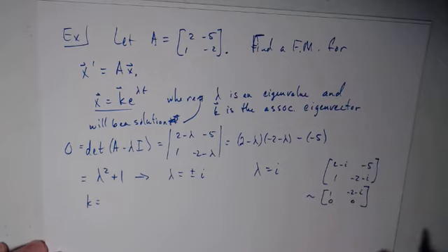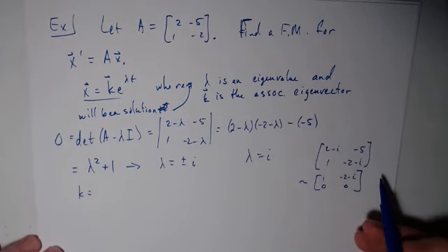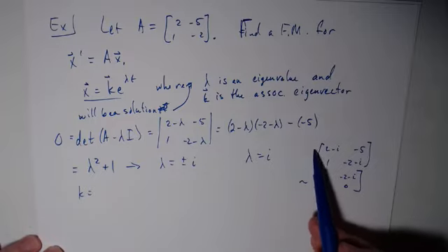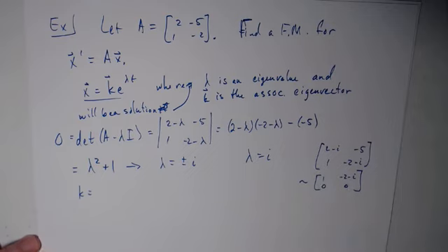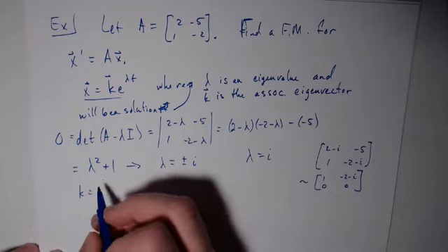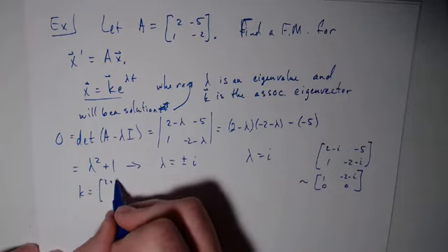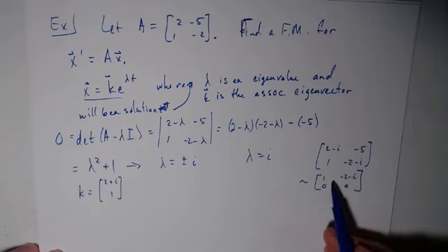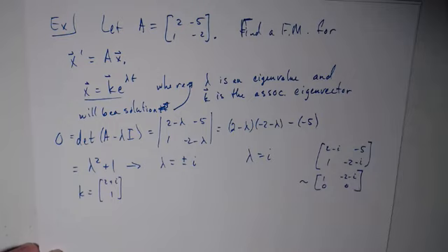Remember, I'm skipping all of the steps. I'm not actually row reducing this. I know what it row reduces to because I know that since the determinant is 0, these rows are dependent on one another. So either one of these rows represents the whole thing. I take the easiest one. So in this case, I get k equals 2 plus i, 1. That's the easiest combination of 1 and negative 2 minus i that I can think of. So that's my k.